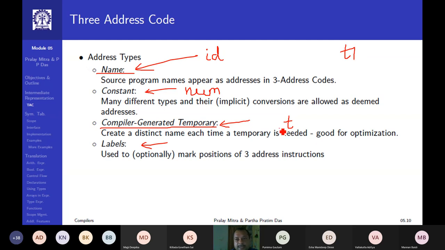Then you may think that I can put an underscore at the beginning or something else, so that it will not clash with the user defined variable, which is part of the source code.